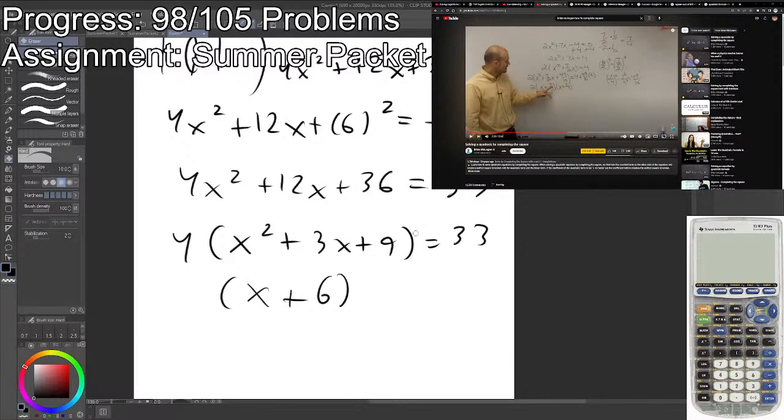Alright, so Photomath, let's go, man. Let's actually go. Focus camera.